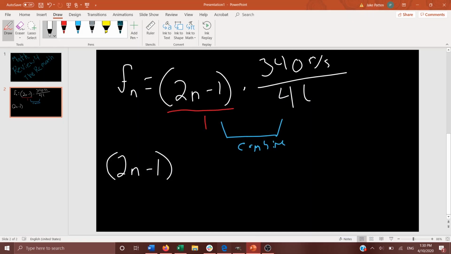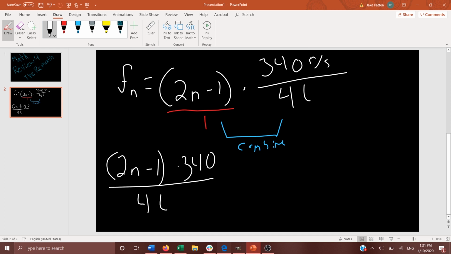All right. So we're going to end up with 2n minus 1 multiplied by 340 over 4L. So, 1 times 4L is just going to be 4L. So we can kind of ignore that one. It's still there, but it's been multiplied.